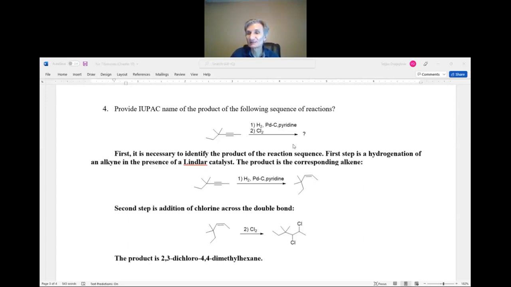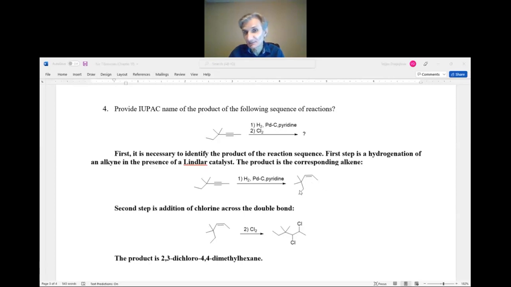So the reaction stops with a double bond. And that double bond is a cis double bond, because the addition is syn. Both hydrogens add from the same side, and if they add from the same side, then the product must be cis. The alkene must be cis. So that's one way to make cis alkenes.